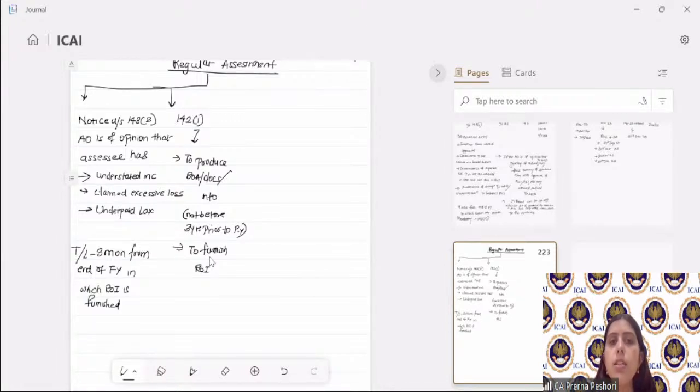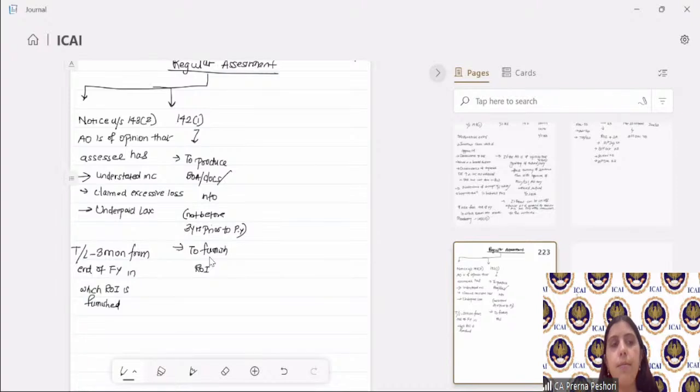Now, how will the assessing officer come to know that the assessee has not filed the return of income and that he has income? How will he come to know?